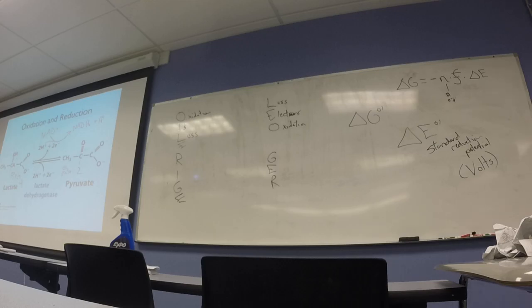Again, you could look this up. The Faraday constant is 96.5 kilojoules per mole volt. So if you had some reaction, you could convert back and forth.